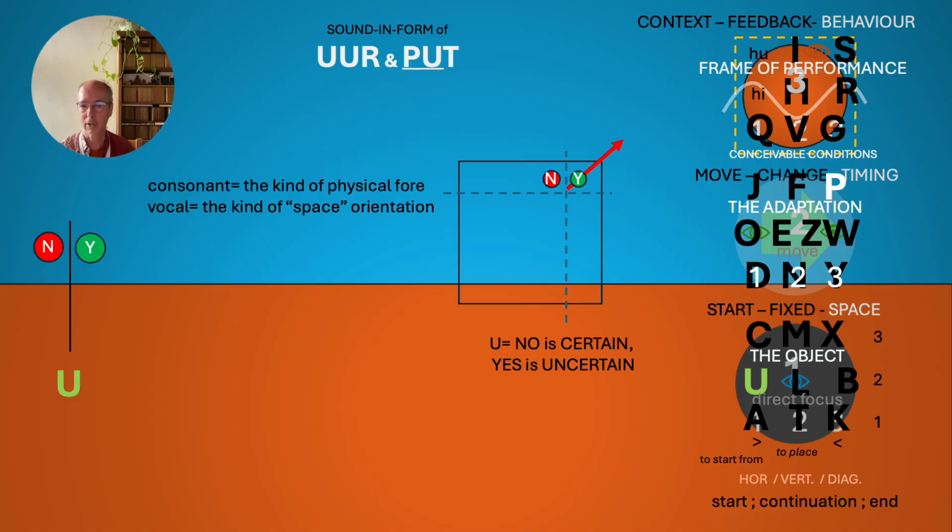How does it come? I can also put it out as a next letter, but actually the P, like every consonant, is the kind of physical force that is expressed in the letters, while the vowels are always that kind of orientation. What kind of orientation do I have with that physical orientation? And in this case, the U is about no and yes.